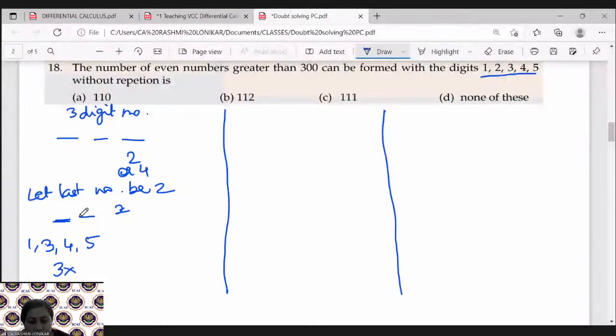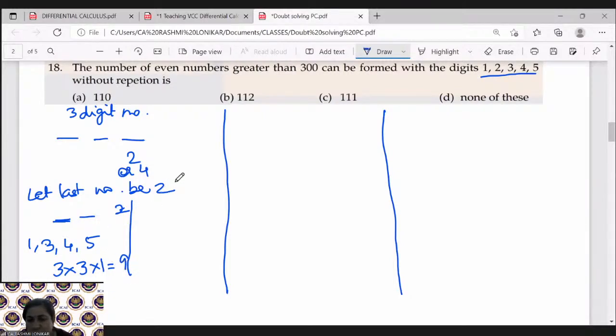Then what will happen in this place? I can have 1, 2 and 3. So 3. And the last space is already 2. So how many numbers are there? 9. Okay, so there are 9 numbers which are greater than 300 and which are even.